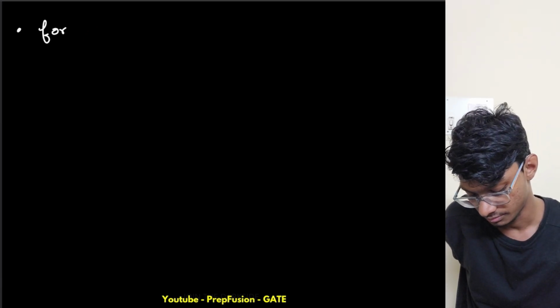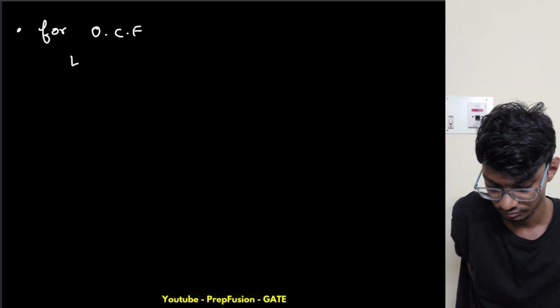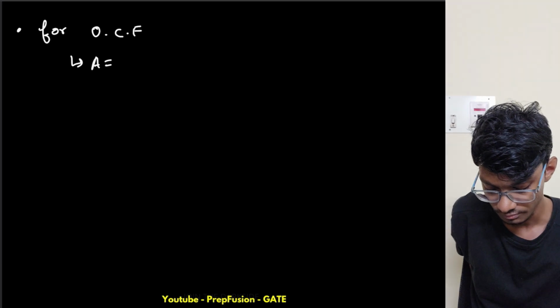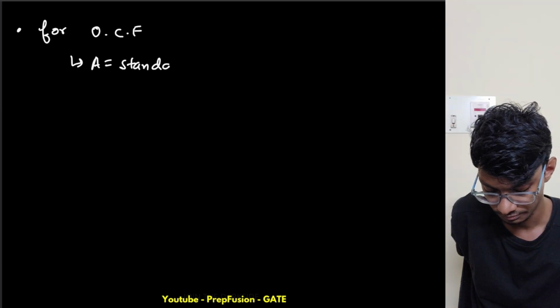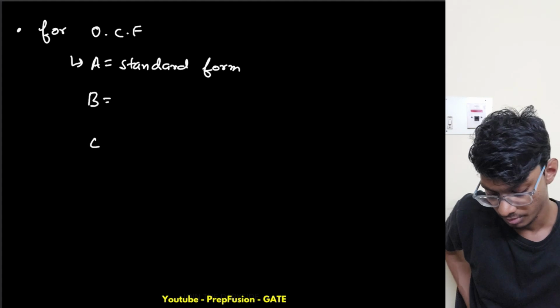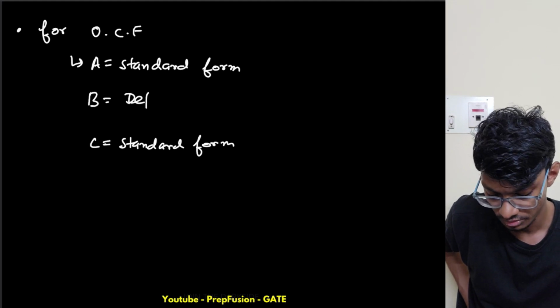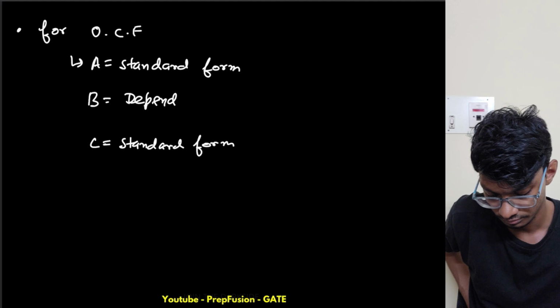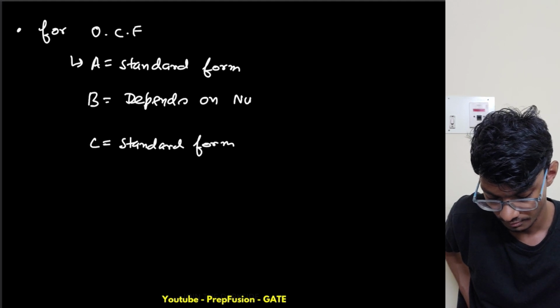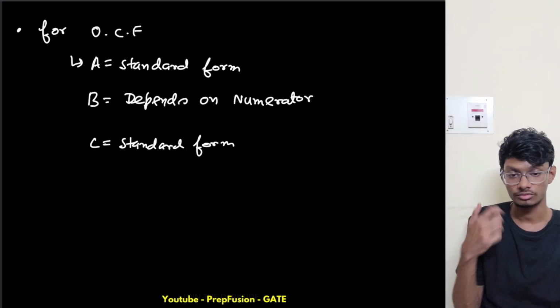So for OCF, my A is in standard form, my B isn't in standard form, but my C is in standard form. And B depends on the numerator. I hope you remember all this. So again, now try to remember.